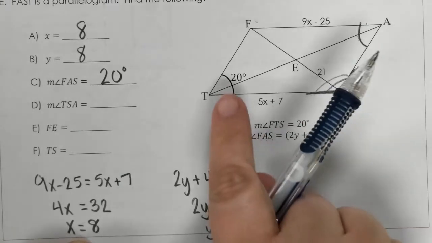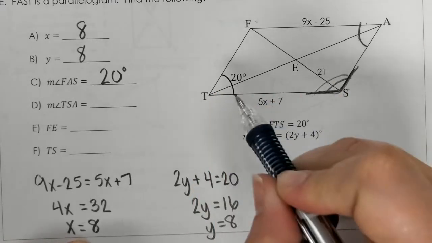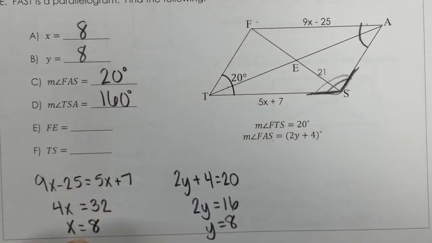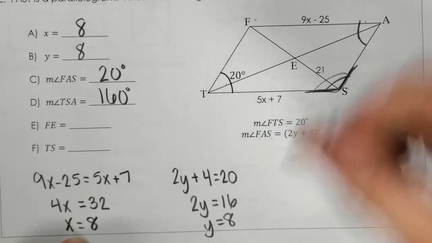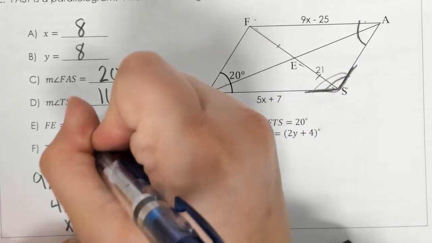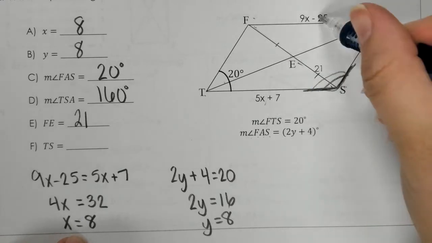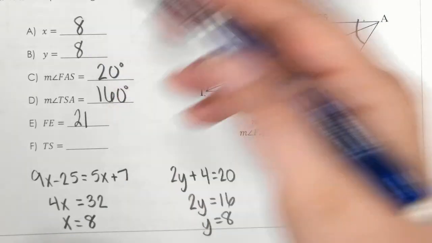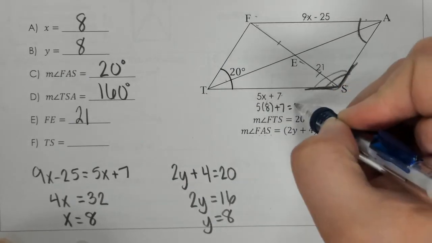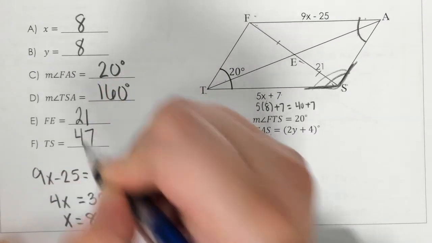Again, these are consecutive, so 180 minus 20 gives me 160. FE, right here, is the same as ES, so 21. And TS, we're just going to plug X back into one of those. So if I plug my 8 for X back into this one, I get 40 plus 7, and that's 47.